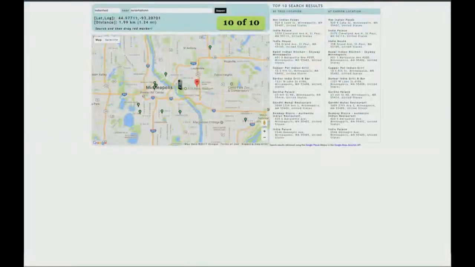So you see, I have moved it out around 1.2 miles, and we see that the result set is still the same, okay? Which again reinforces the fact that the results are not dominated just by distance, but by other factors when this ranking is going on. And we can do this a little bit more.